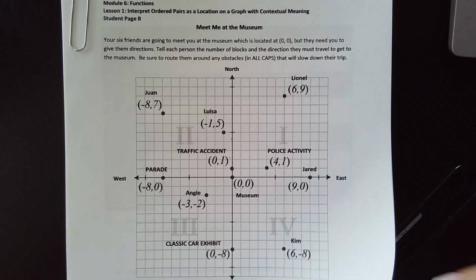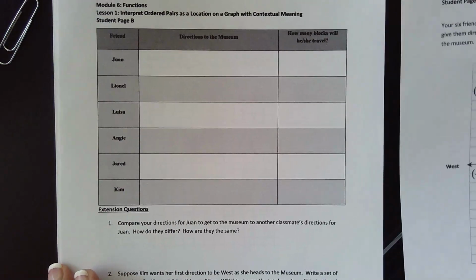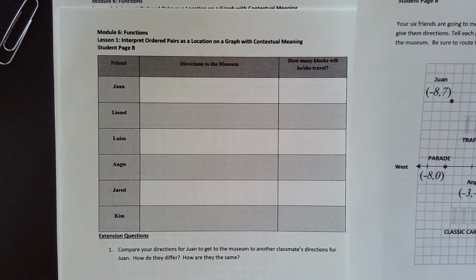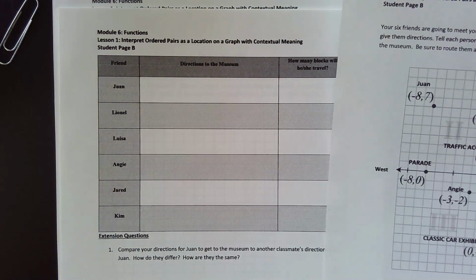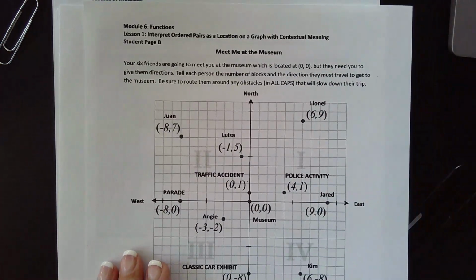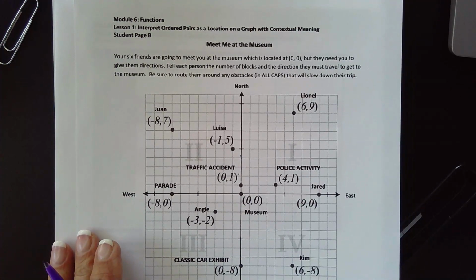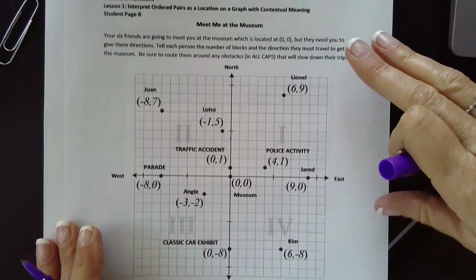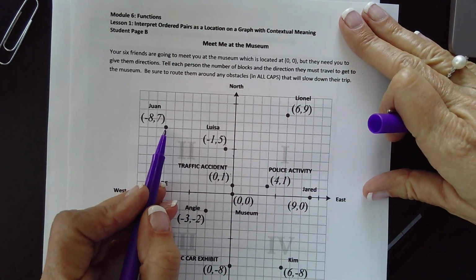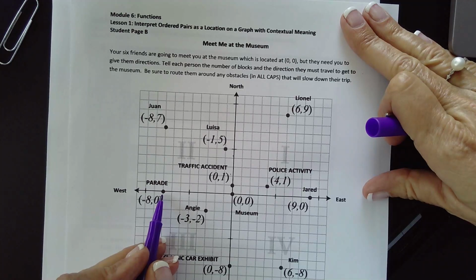We're going to have to keep going back and forth, so if you have this stapled, you might want to unstaple it, or I can just keep putting my graph over. So let's start. How about we do Juan, Lionel, Luisa, and then you guys can do the next 3. Juan is first. Notice we have directions now, so we don't have to say right. We can say west, east, north, and south, because all of the directions are labeled. If Juan wants to go to the museum, he can't go straight down because he'll hit the parade.